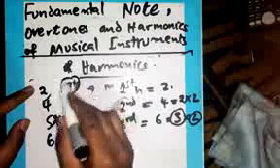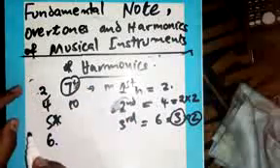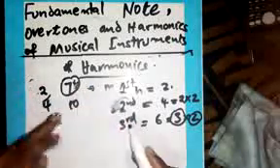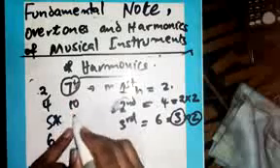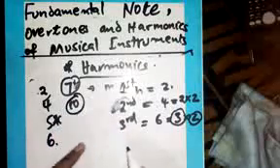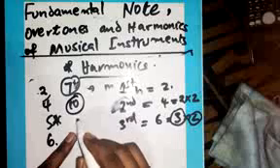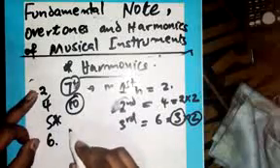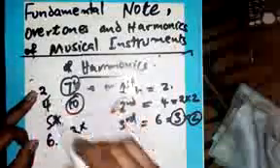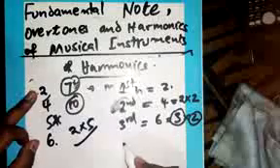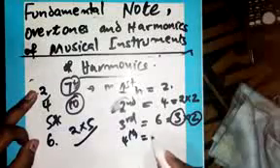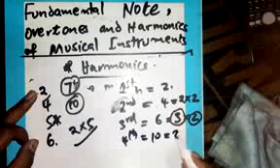It cannot be formed from 2. I think you know the table of 2. Is 10 a harmonic? Yes, because it is formed by taking the fundamental frequency 2 times a multiple number, which is 5. Therefore, the fourth harmonic is 10, which occurs by taking 2 times 5.